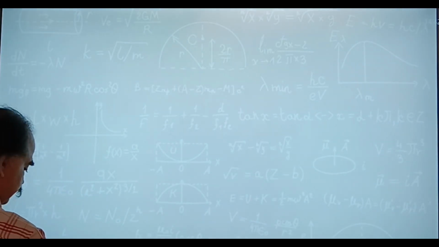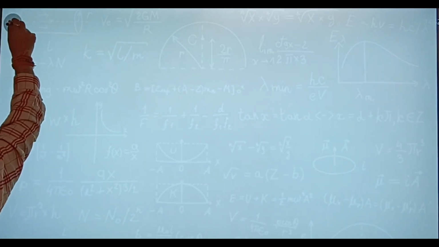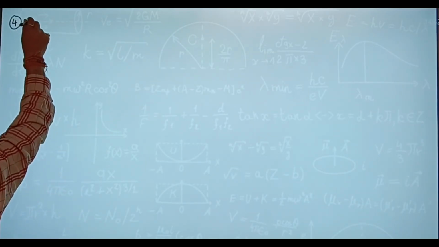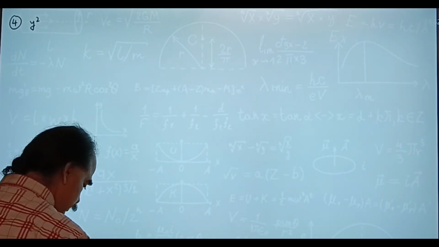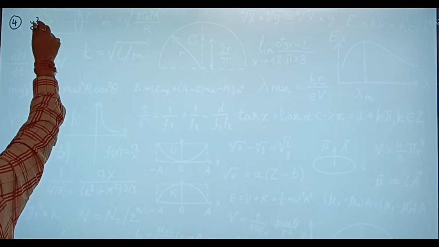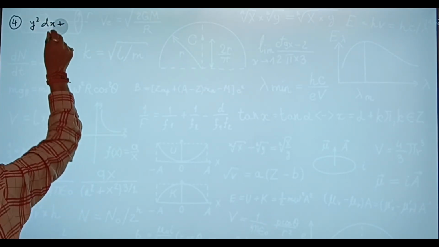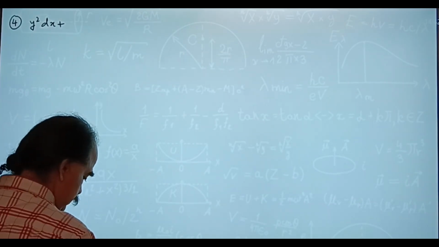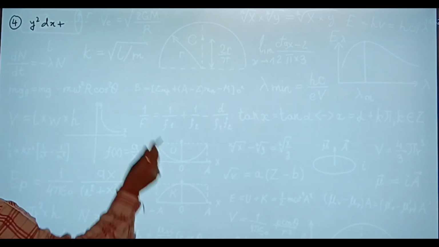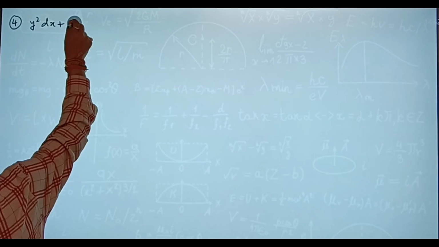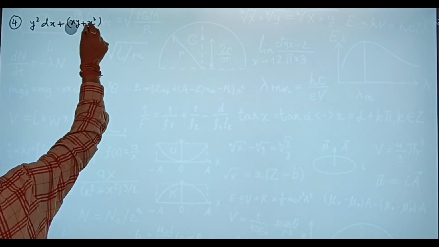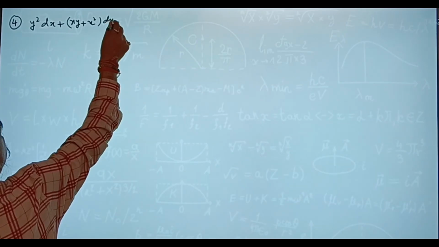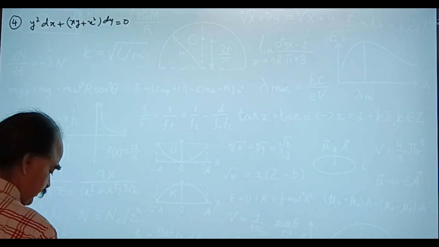Question number 4 is y square dx plus xy plus x square dy is equal to 0.